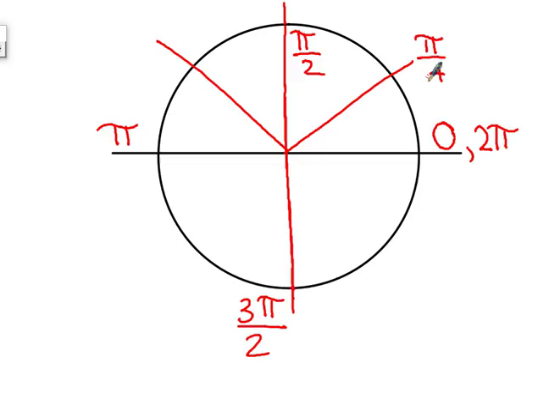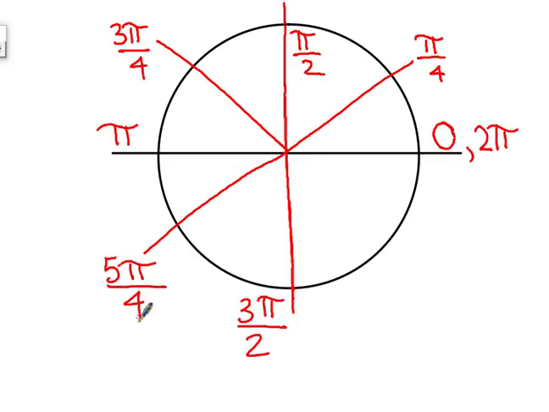So going around the circle here, we have 1/4 of pi, 2/4 of pi. This is 3/4 of pi, or more commonly called 3 pi over 4. Moving down into the third quadrant, we go a measure of pi over 4 past pi, which would be 1 1/4 pi. Another way to write 1 1/4 is 5 pi over 4.